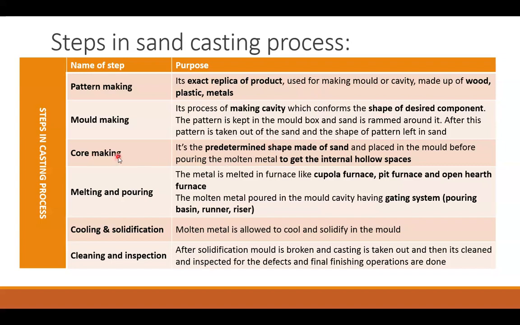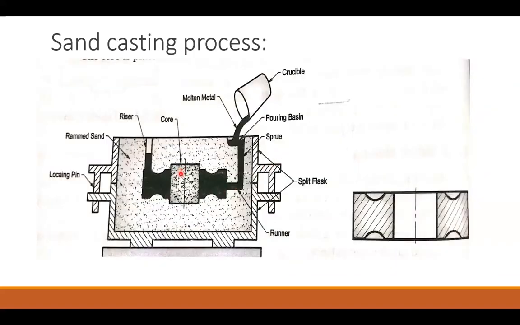The next step is core making. It is a predetermined shape of the hollow spaces which are to be formed inside the product. That means here we have the hollow portion.